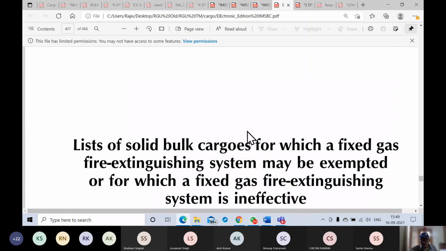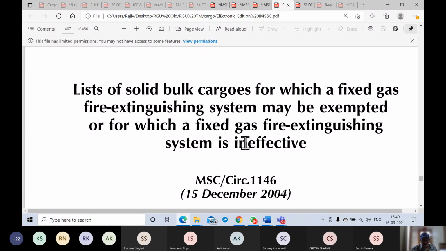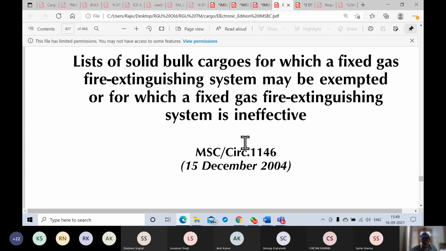Moving on, there are some cargoes inside the code for which a fixed gas firefighting system is exempted. The exemption from a fixed gas firefighting system is there because it is supposed to be ineffective.